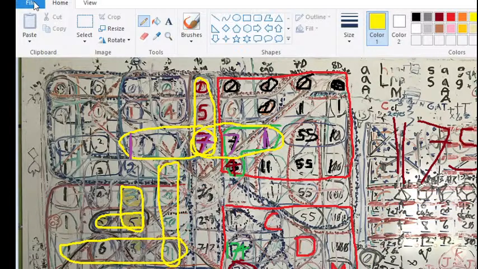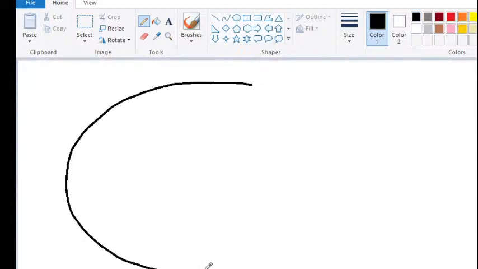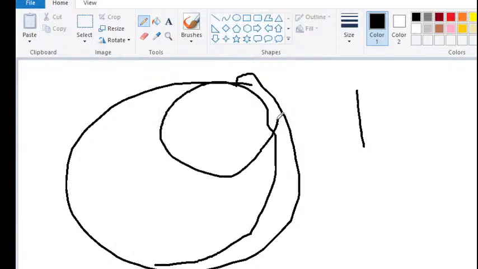Let's do this. File, new. Don't save. So, the circle, there's your 1. Because it's a circled 6 with a white 9, I want to write the 9 first. So the 9 would look like this. That would be your 9.